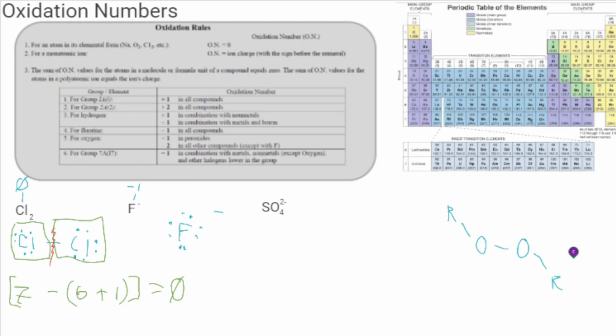The main thing with peroxides is you have this OO single bond. So if we were to look at, say, something like hydrogen peroxide, it's similar to what we were doing with our chlorines, in the sense that both these oxygens have equal weight to pull those shared electrons, so they each get 1.